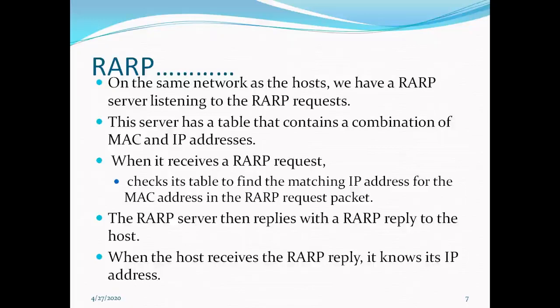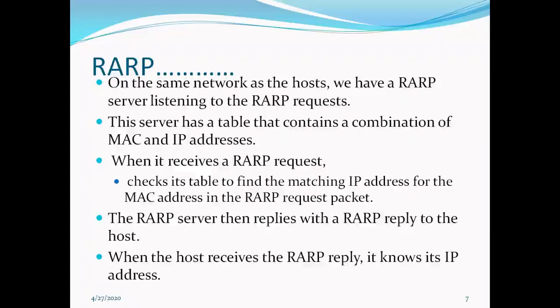On the same network as the host, we have an RARP server listening to all such RARP requests. This server has tabular information which contains the combinations of MAC addresses and IP addresses. When the server receives the RARP request, it will check its database table.